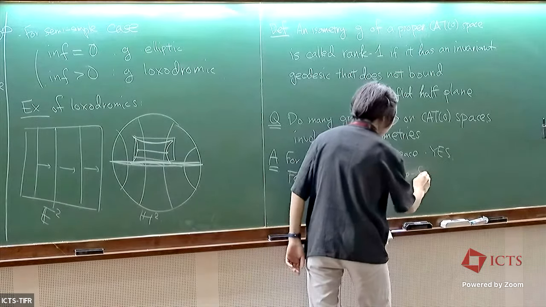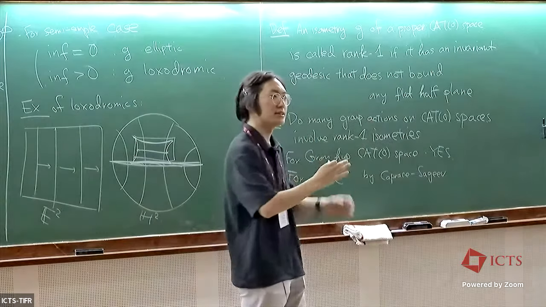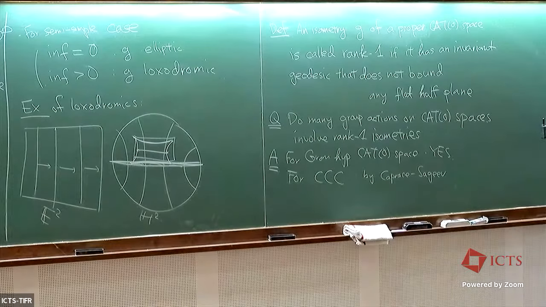Namely, if your action is essential and irreducible, what does it mean? It does not split into products, then you're bound to have tons of rank 1 isometries in that group action.